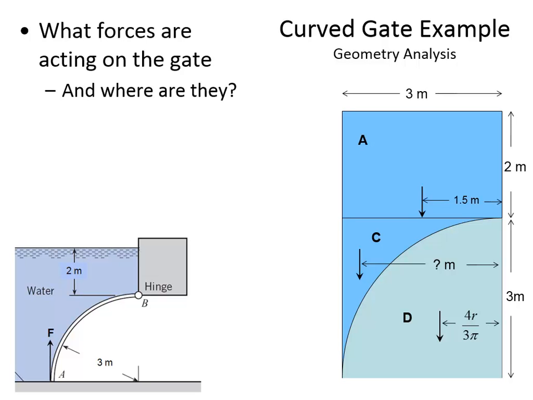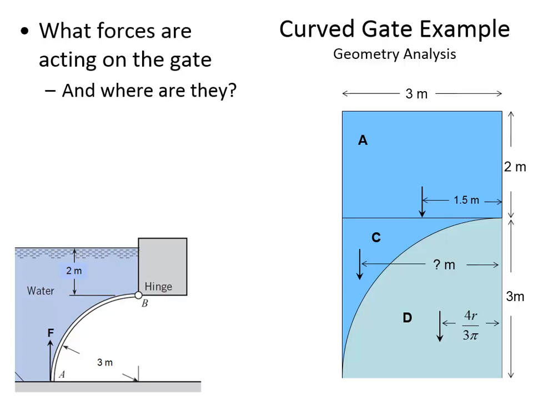And when we put everything together, we'll be able to calculate that the XCP, the horizontal distance to the center of pressure for element C, is 13.5 minus 9 divided by 1.9314.